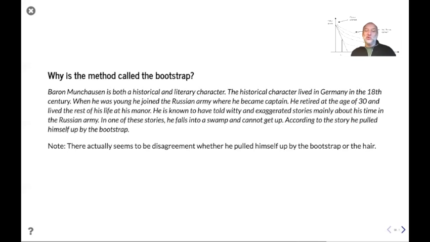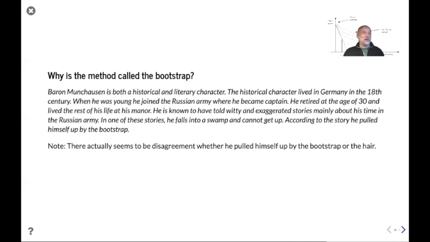He was known to have told very witty and exaggerated stories about what he really performed in war in the Russian army. And one of these stories was that he fell into a swamp and couldn't get up. But then, according to the story, he pulled himself up by the bootstrap.